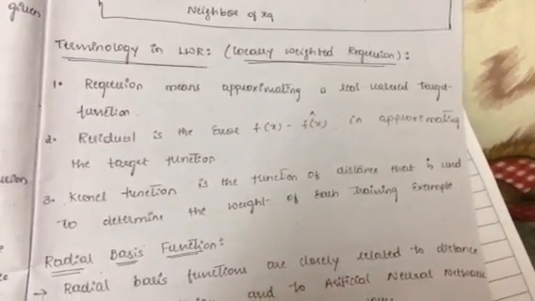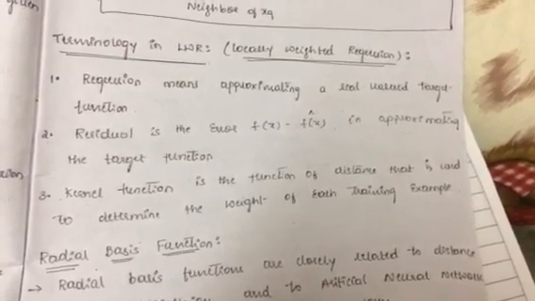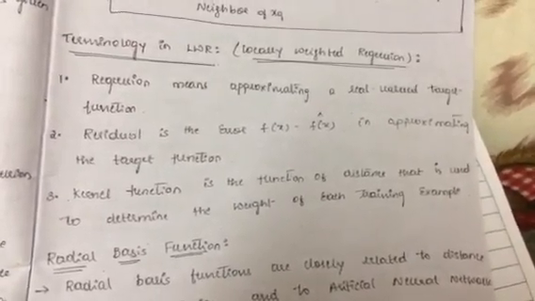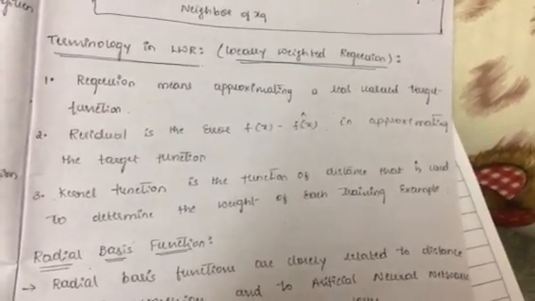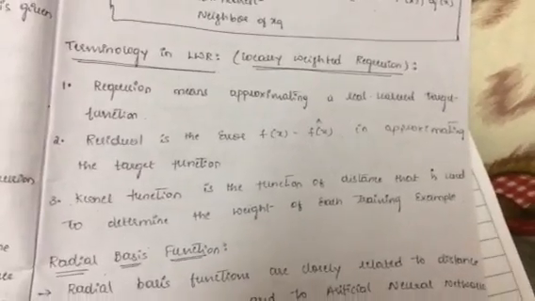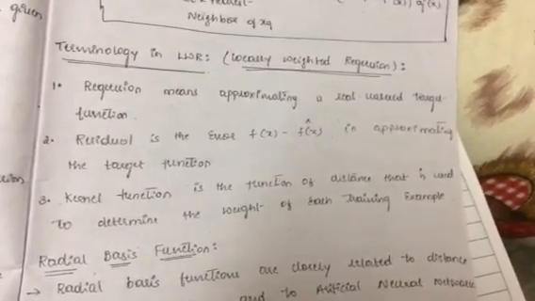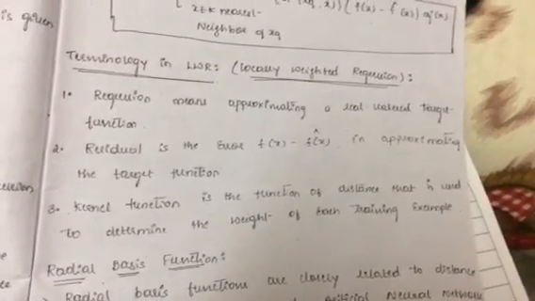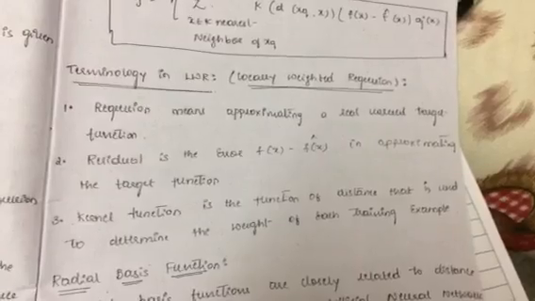Next, kernel function. The kernel function is the function used to assign the weights based upon the distance and helps in smoothing out the point of interest. The weights are assigned in such a way that the point having the shortest distance from the query point is assigned the larger weight, and the point having the larger distance from the query point is assigned the smallest weight.